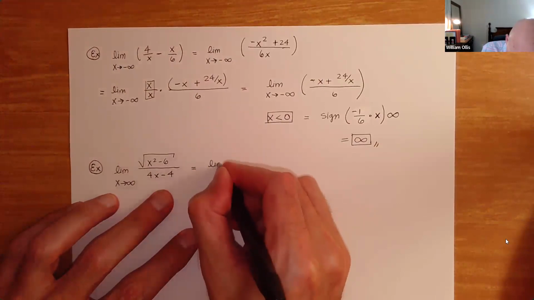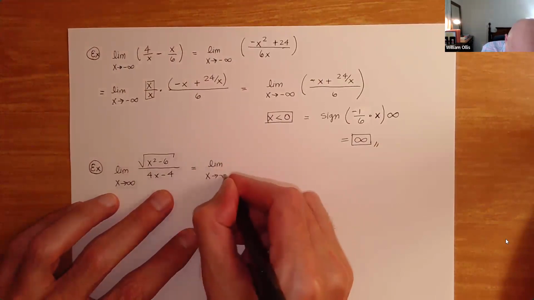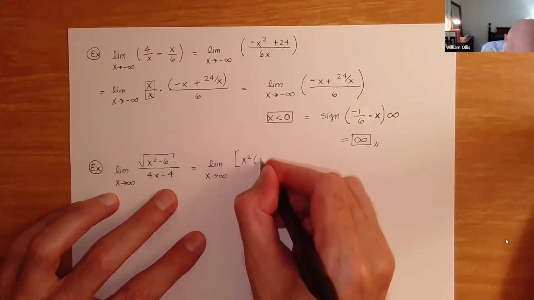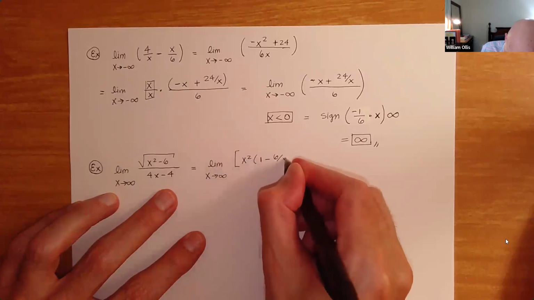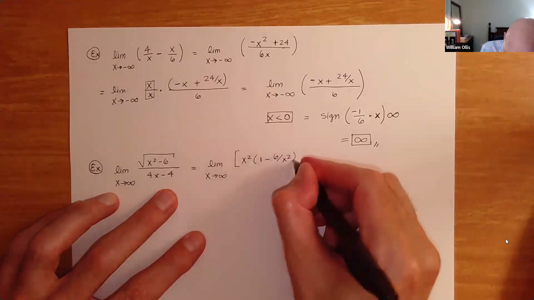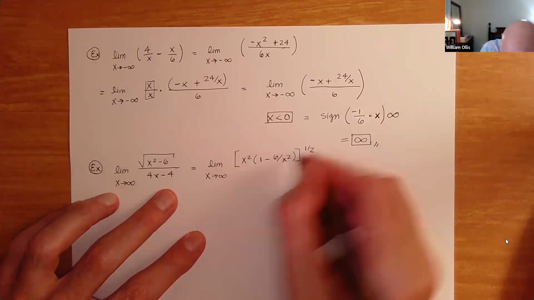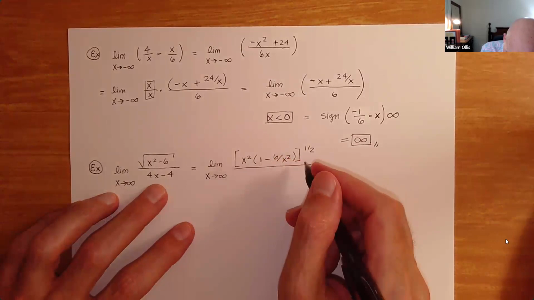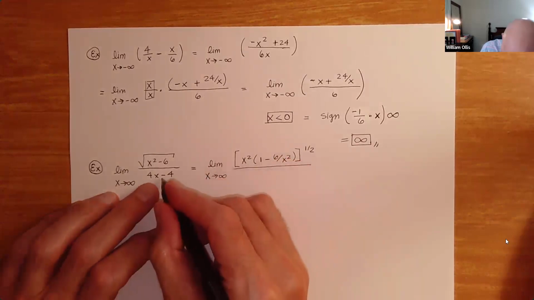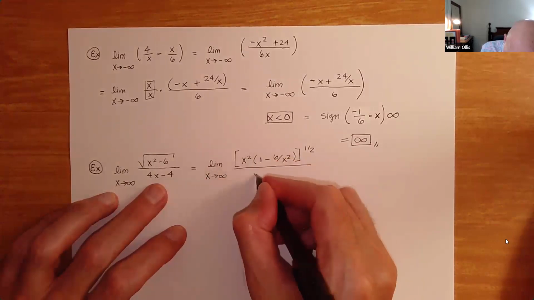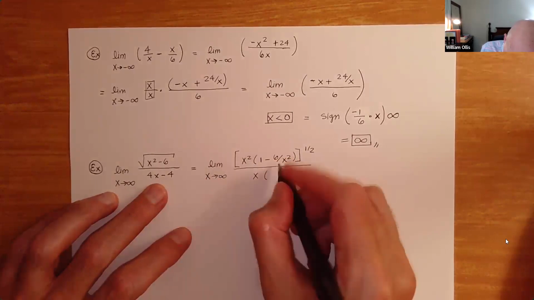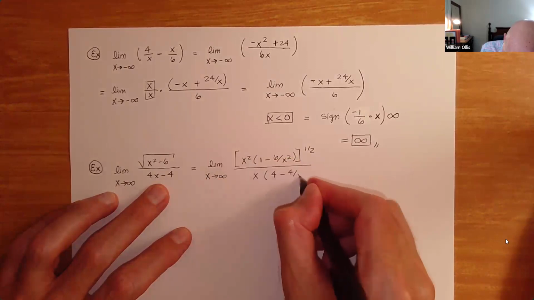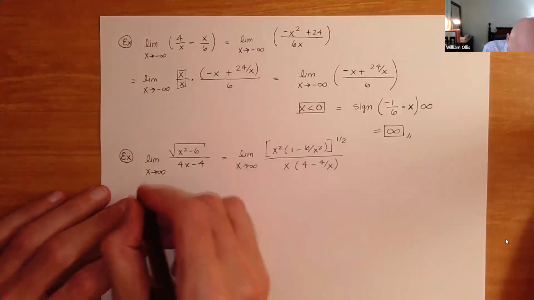We have the limit as x approaches infinity, and we'll do the factorization again: x squared times 1 minus 6 over x squared, to the 1/2. And downstairs, if you like, we can just go ahead and factor an x. So we have x times 4 minus 4 over x, if you like. We'll just start out with the x's.